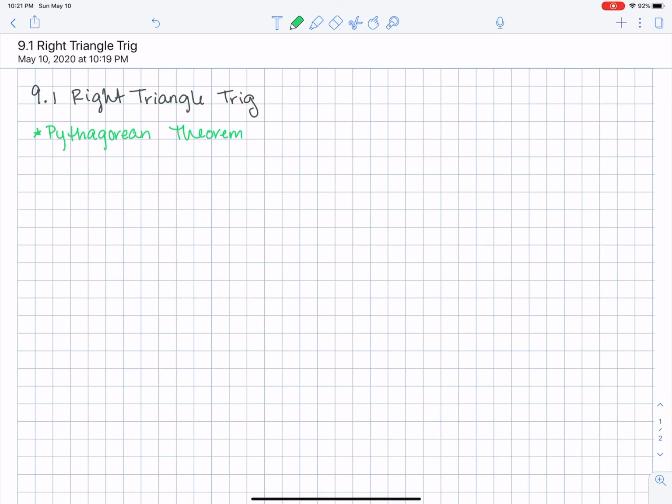And you, of course, know that Pythagorean's theorem states that if you have any right triangle that you want, and if you have your legs, that one leg squared plus the other leg squared is equal to your hypotenuse squared. A squared plus B squared equals C squared. If you haven't seen it proved, go ahead, Google it, watch a YouTube video on it. So that's one of the things we're going to use today.